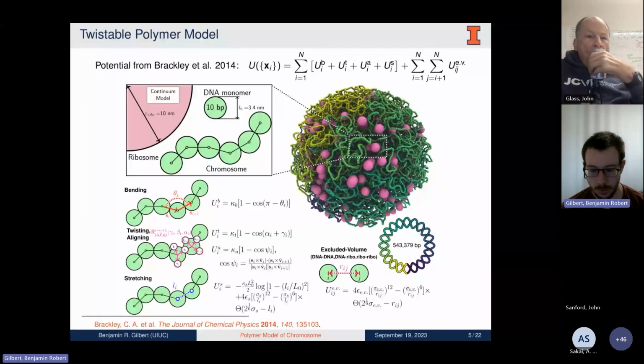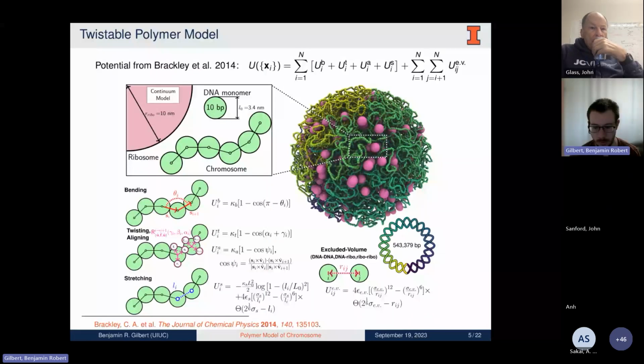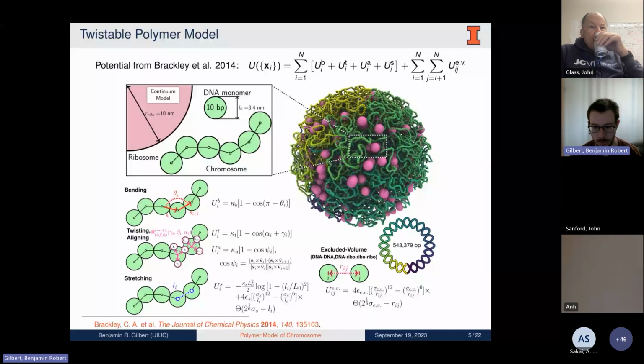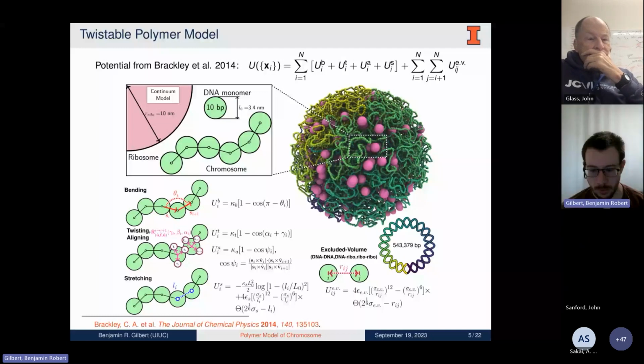These beads then interact through a set of potentials that essentially model the essential mechanical properties of double-stranded DNA. First off, there's a bending interaction to give DNA its linear persistence length. There's a twisting and an aligning interaction to give it its twist persistence length. And additionally, there's a stretching potential that controls how far the beads can stretch from one another.